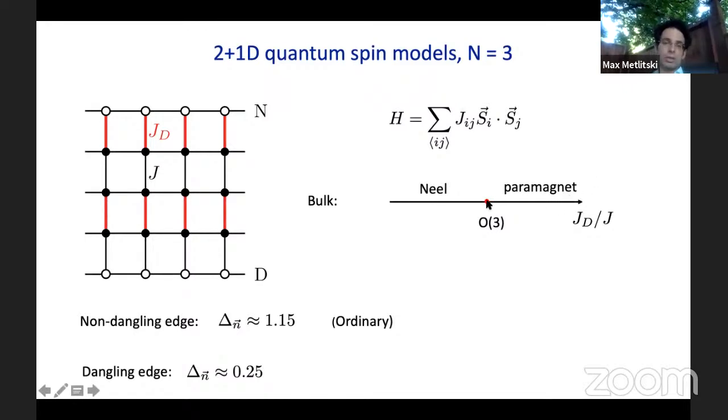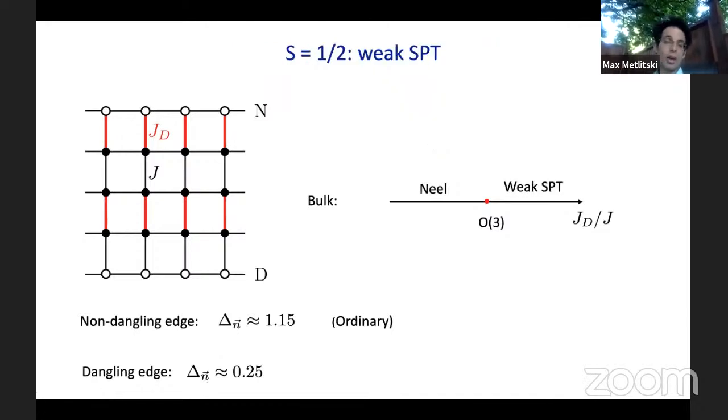So clearly the boundary universality of this dangling edge for spin 1/2 cannot be ordinary, because for the ordinary universality class, once you go into the paramagnetic phase, you have a trivial boundary, not a gapless boundary. And in fact, you can think of this problem as a kind of transition out of a weak SPT. You can think of this paramagnetic phase for spin 1/2 spins as a weak SPT protected by translational symmetry along the edge and spin rotation symmetry.